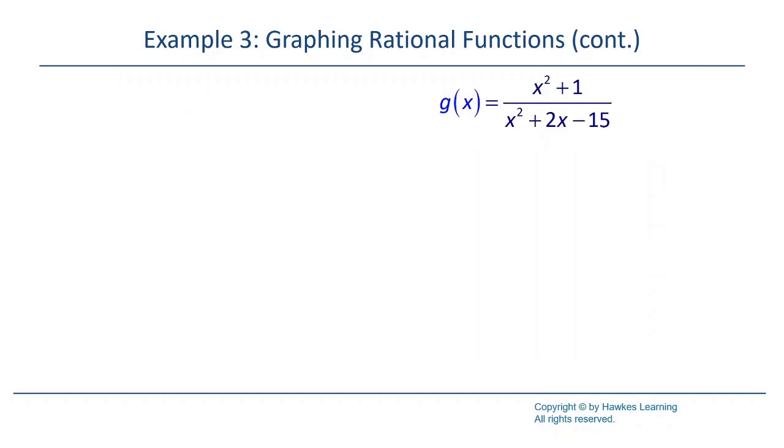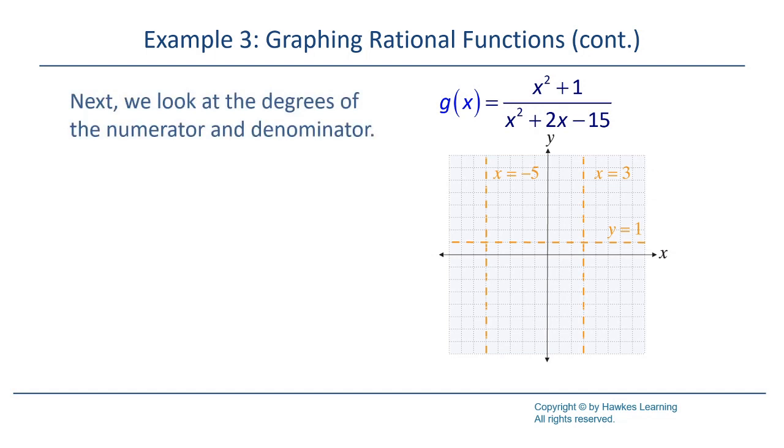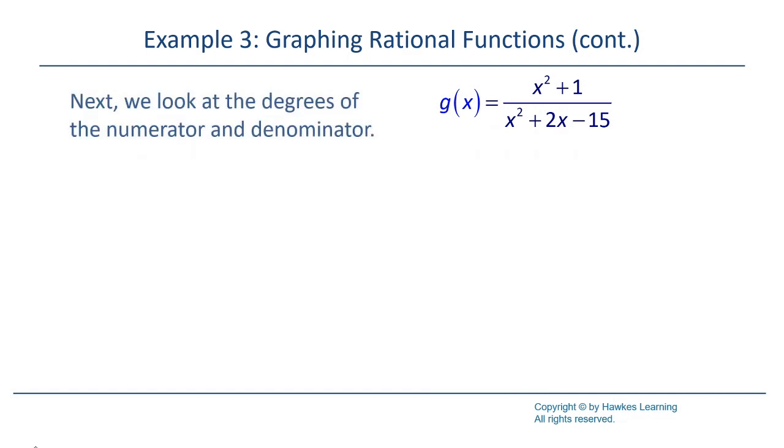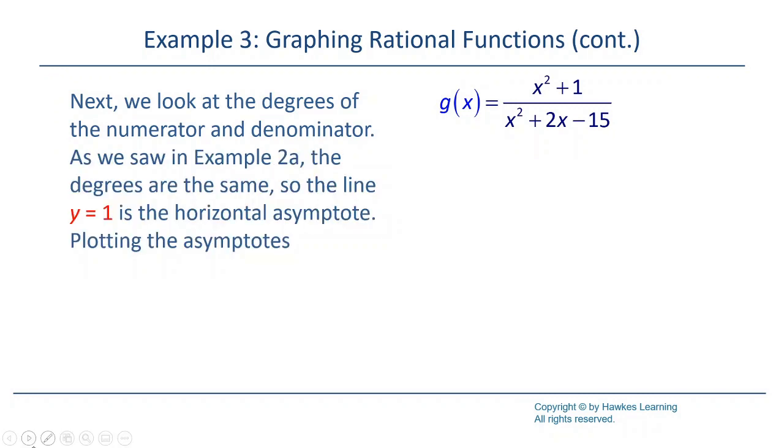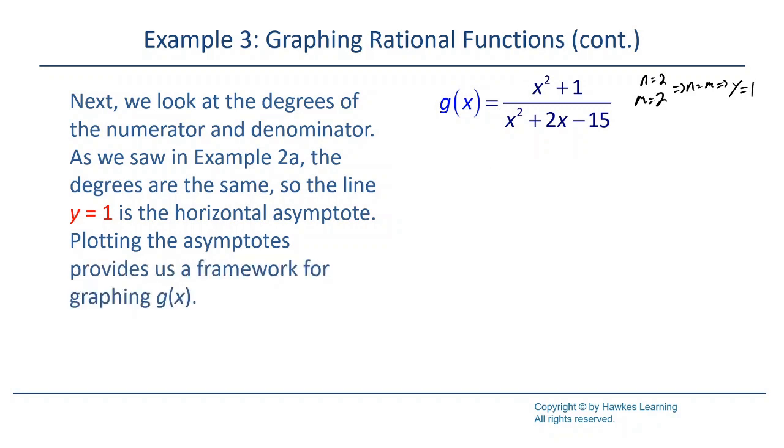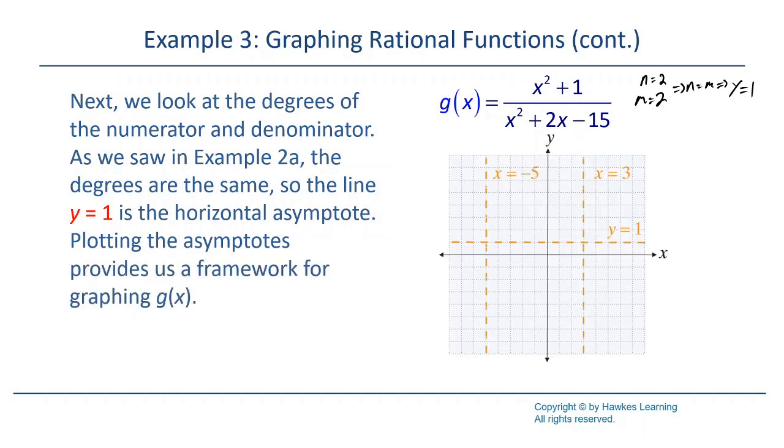So next we need to determine if there are any horizontal or oblique asymptotes, or if there are none. Like before, these are both the same power, so your horizontal asymptote is y equals 1, because it's 1 divided by 1, which gives us a nice outline of the graph.